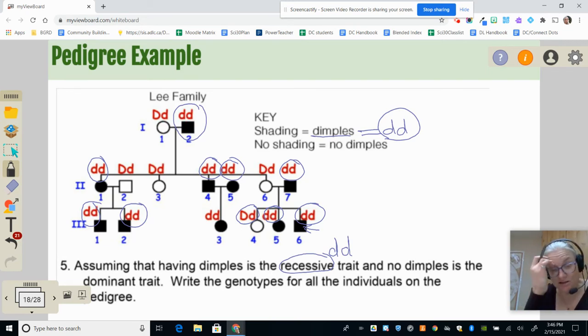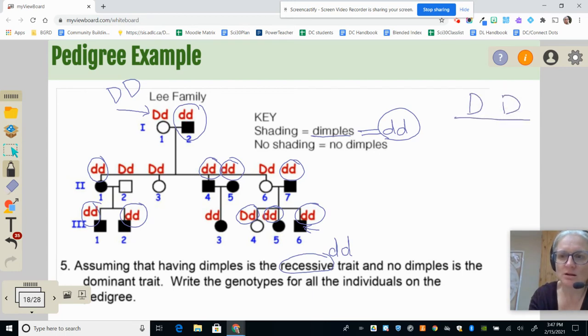All right. So then how do we know that mom is not big D, big D? 2 dominant alleles. Well, if she was big D, so let's put her gametes over here in a Punnett square, and dad's gametes are little d, what would all the offspring look like in this case?